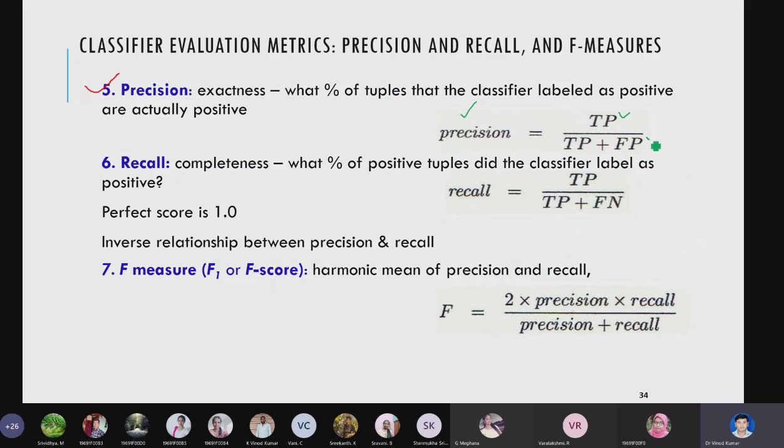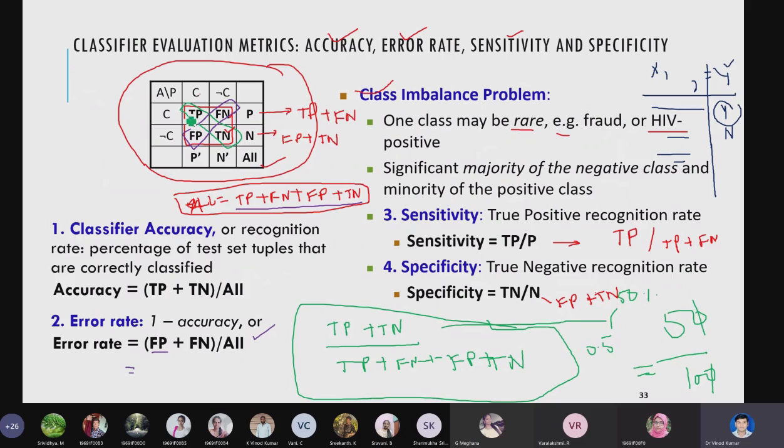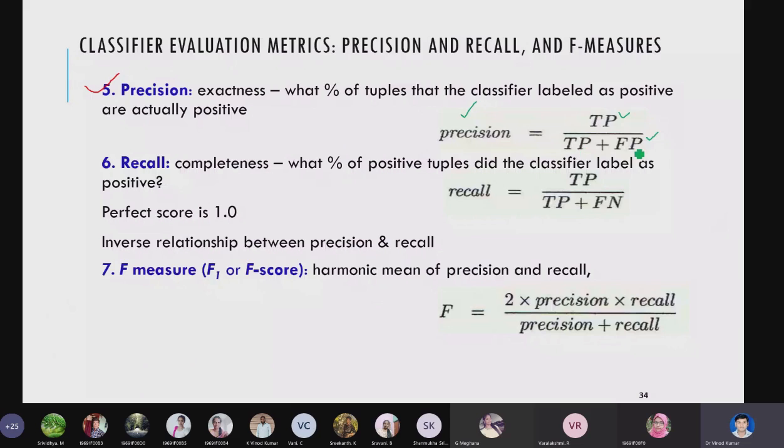TP divided by TP plus FP. True positive divided by true positive plus false positive. So it will tell what percentage of tuples that the classifier labeled as positive are correctly positive.